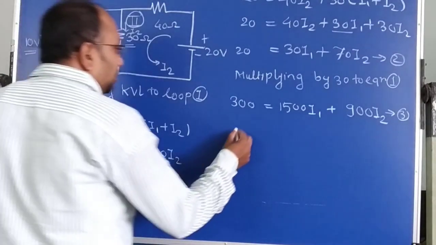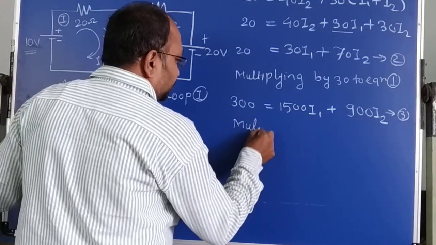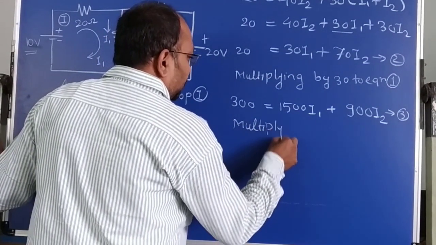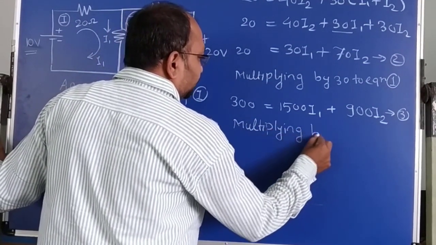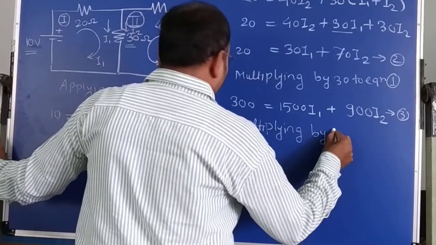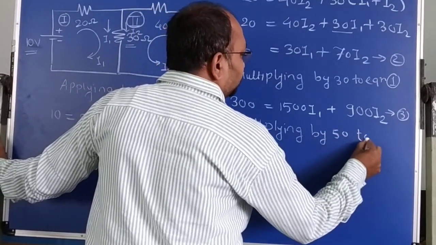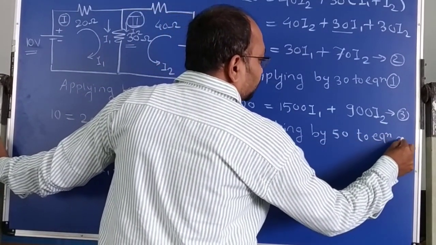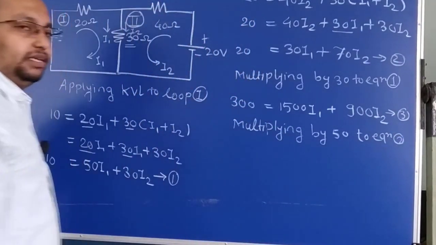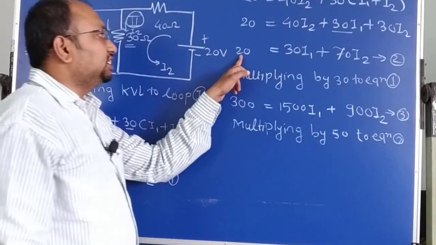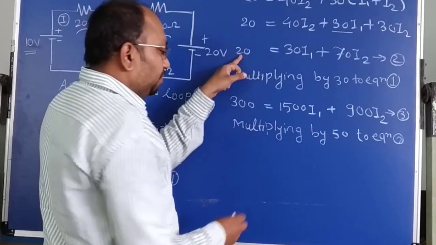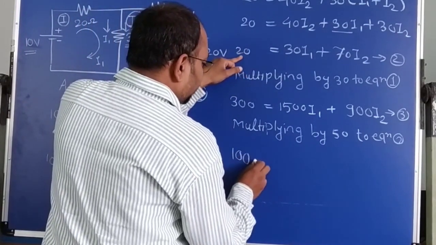Okay, similarly multiplying by 50 to equation number 2. Is that fine? So let us multiply by 50 to this equation. So 20 into 50 is coming as 1000.